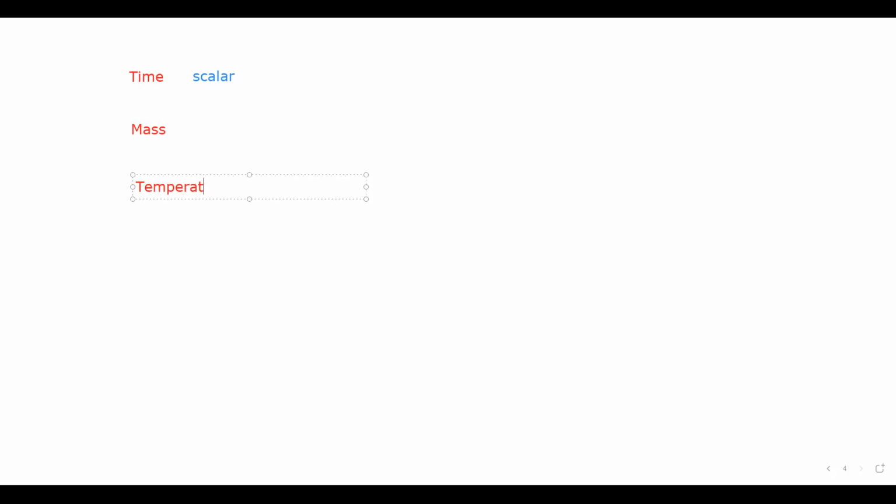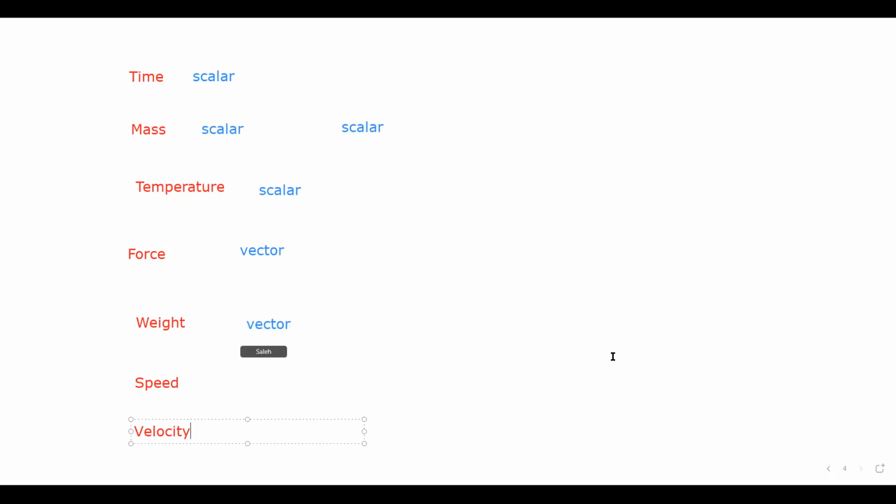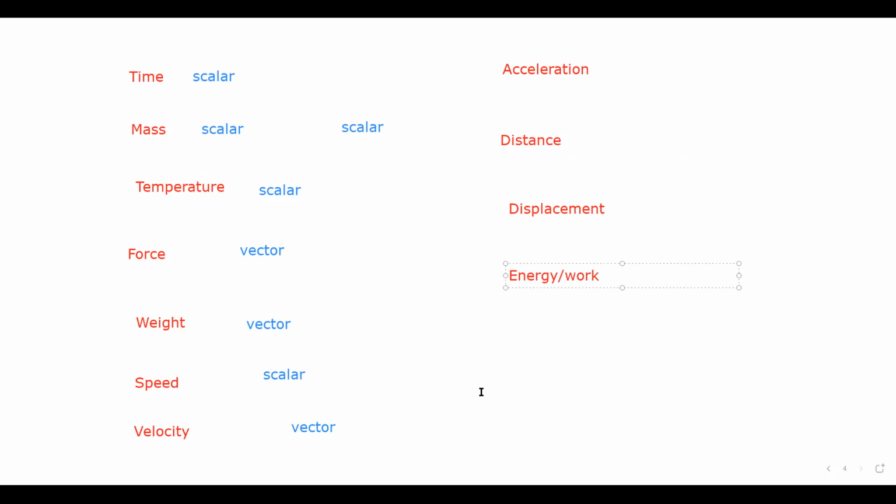Temperature, force, weight, speed, velocity, acceleration, distance, displacement, energy or work done, power.